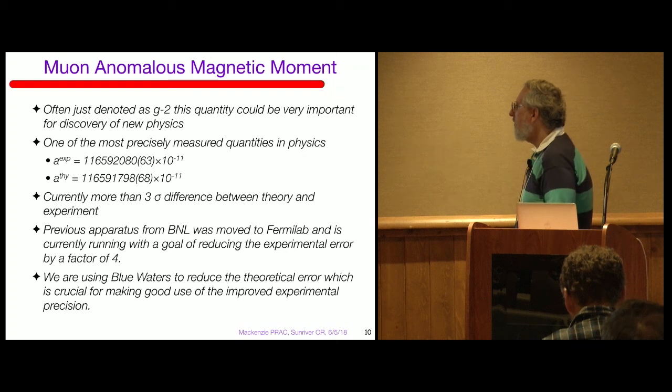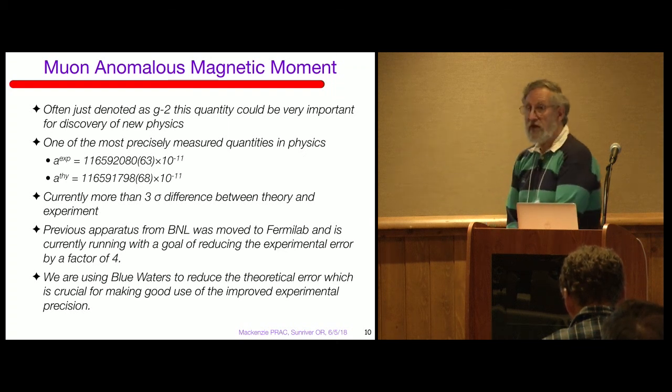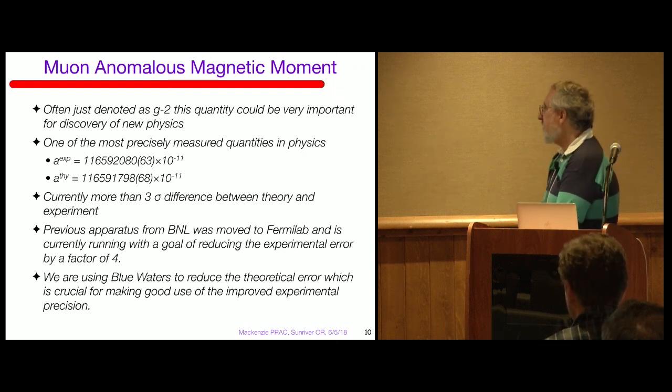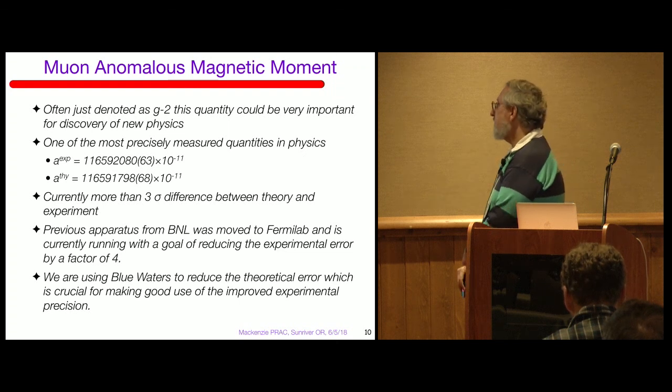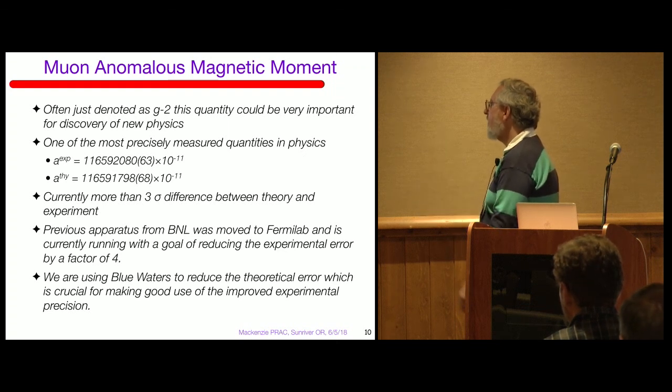They're comparable right now. But there's more than a 3 standard deviation difference between theory and experiment. The issue for a number of years has been whether that really represents new physics or whether we don't understand the theory as well as we should. You wouldn't claim a discovery on 3 standard deviations.